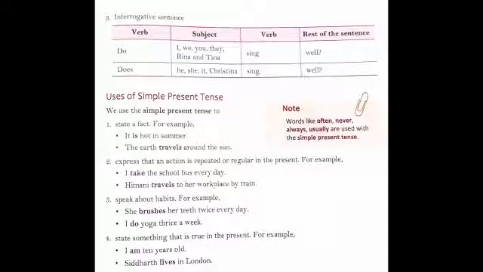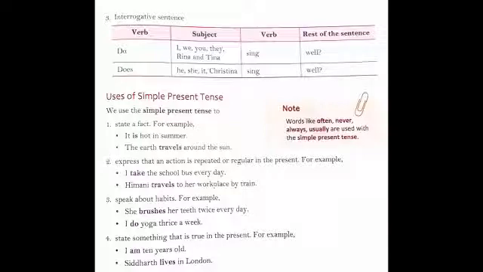Again, in the interrogative sentence, we first write does, and does is our helping verb. Then after the helping verb we write the subject: he, she, it, or any person's name, then the main verb and the rest of the sentence. This is the way we use the structure in simple present tense in declarative, negative, and interrogative sentences.